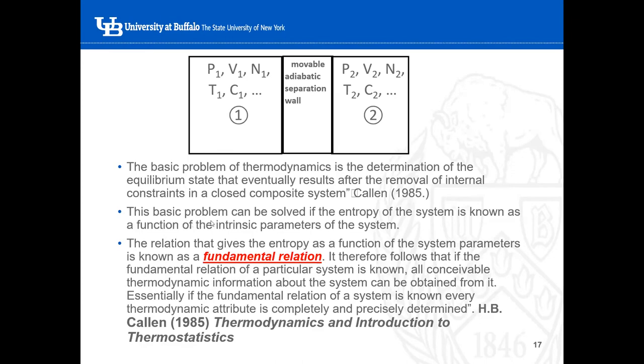So the basic problem can be solved if the entropy of the system is known after we remove this separation wall, as a function of the intrinsic parameters of the system. The intrinsic parameters of the system here are these. The relation that gives the entropy as a function of the system parameters is called the thermodynamic fundamental relation, or thermodynamic fundamental equation.